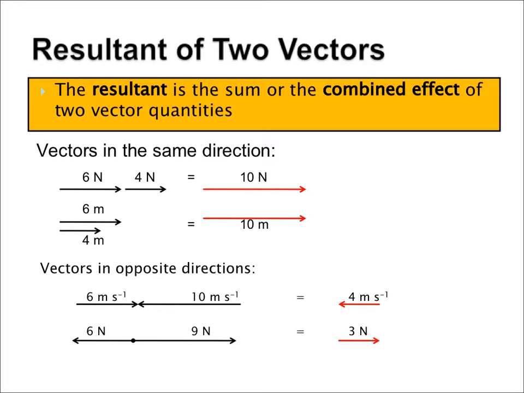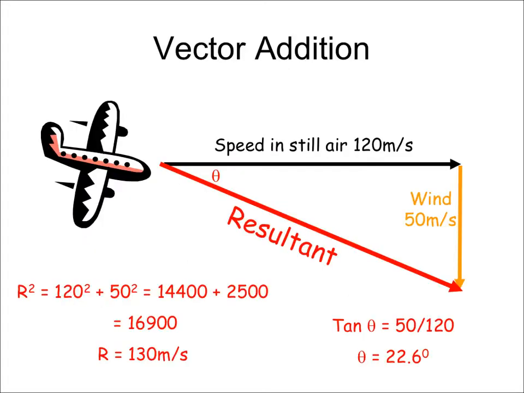You just add them as you would normally. But if the vectors are not parallel to each other, like speed here and wind, they're at 90 degrees to each other, this is a 90-degree angle, then you have to do Pythagoras to find the net, the resultant, the answer vector, what actually happens.